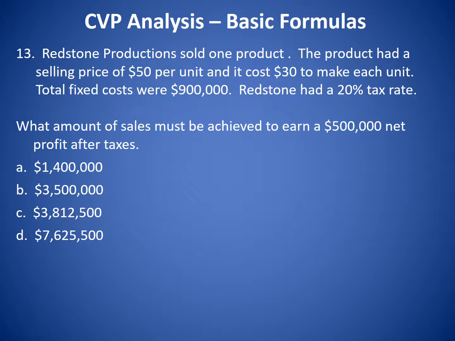Now in this case, it's asking not in terms of unit volume, but it's asking for amount of sales. So what amount of sales must be achieved in order to earn a $500,000 net profit after taxes? Again, we're given our choices. Go ahead and do your calculation. When you're ready, go ahead and start the video again.